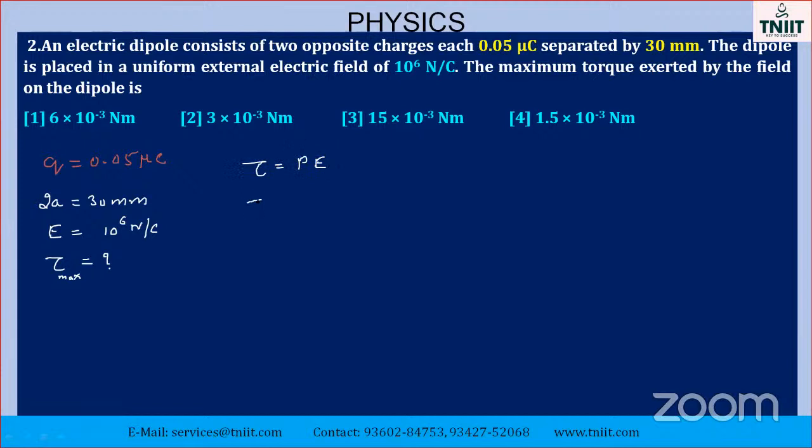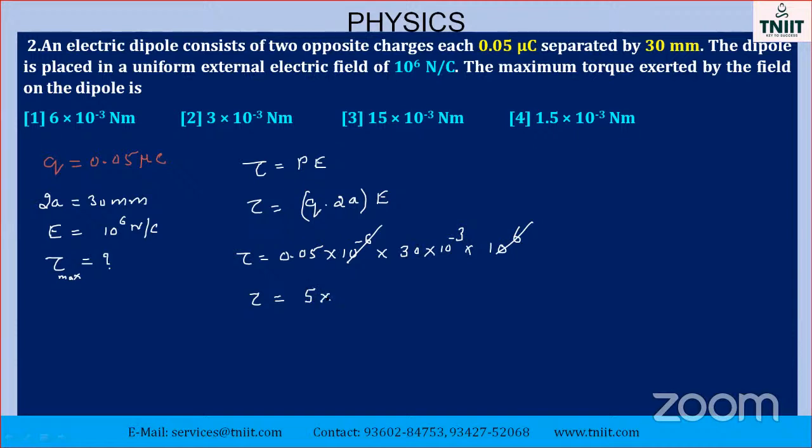Formula: P into E. So P is nothing but the dipole moment, Q into 2a, into E. So the charge is 0.05 microcoulomb, into the separation distance 30 millimeter, into the electric field 10 power 6. These two will get cancelled out. So 30 into 0.05.